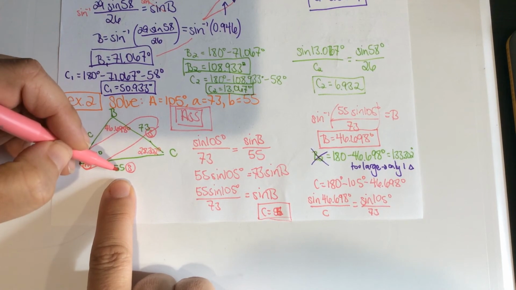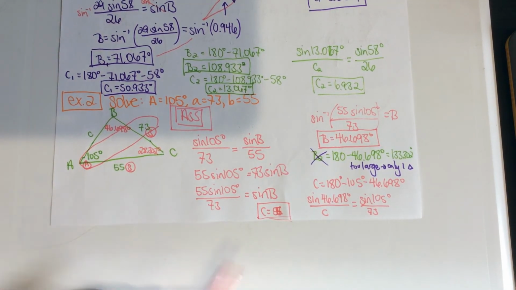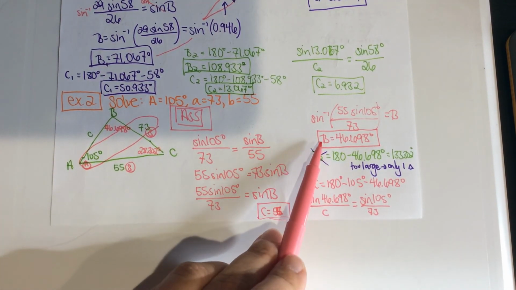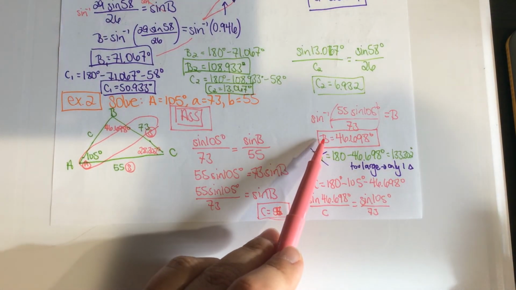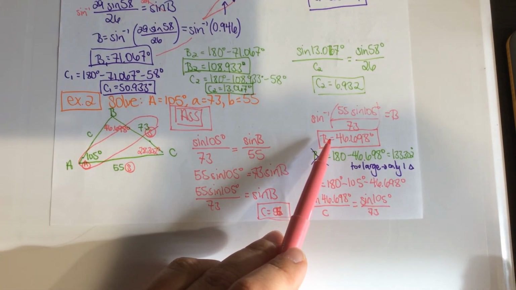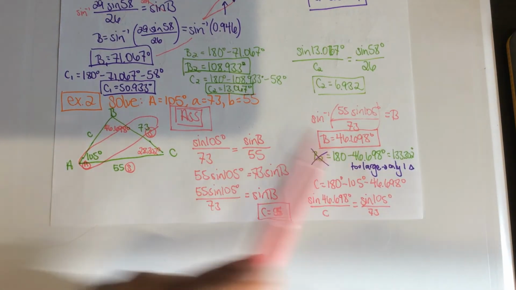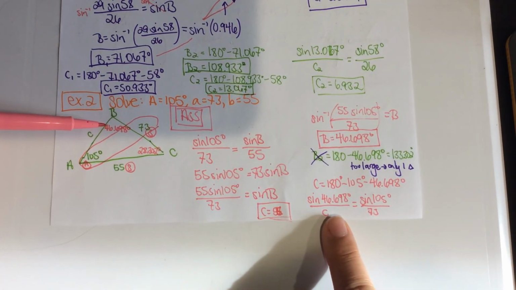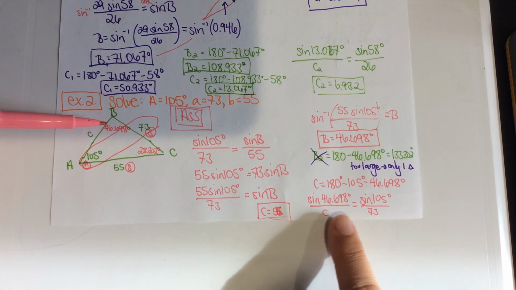But then these two are equal. Okay, I'm going to have to figure out what's going on here. Hold on. Let me make sure I typed this in right. 46.698. That's side B. Then we did sine. It's because I mixed these up.